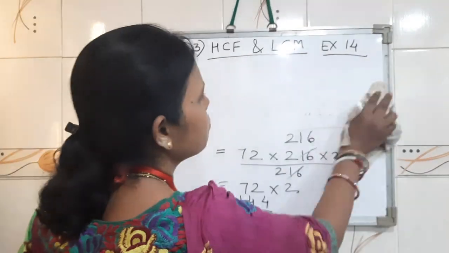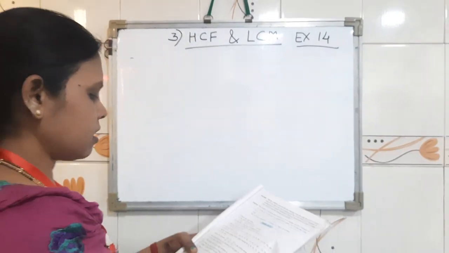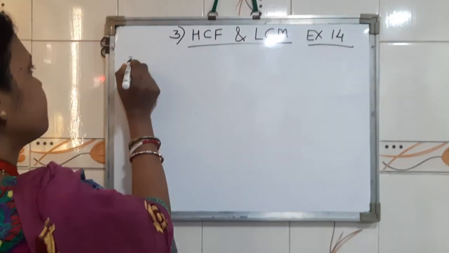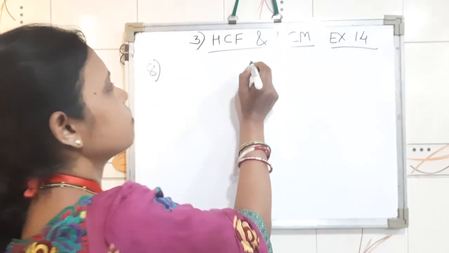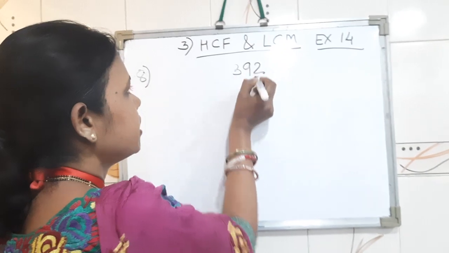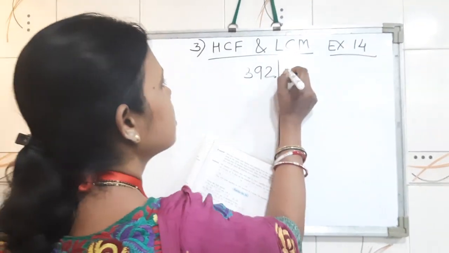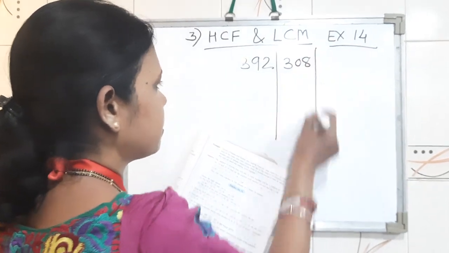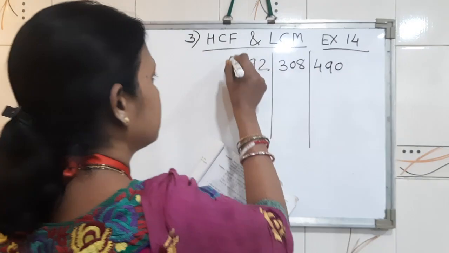So children, we are going to move to the next question, that is the 8th one. The numbers given are 392, 308 and 490.